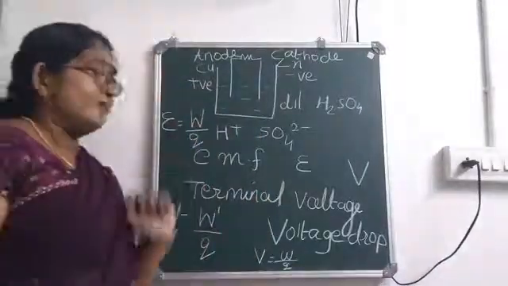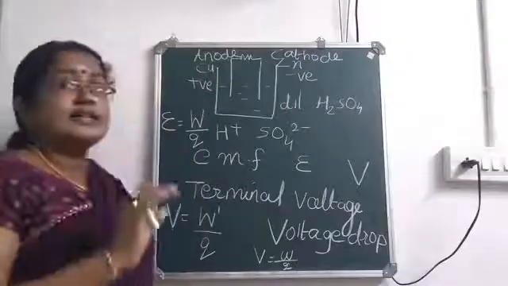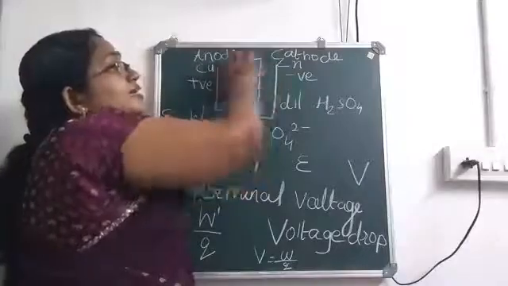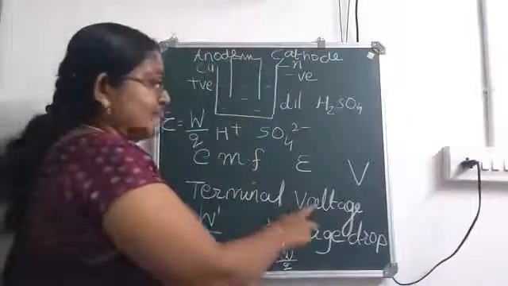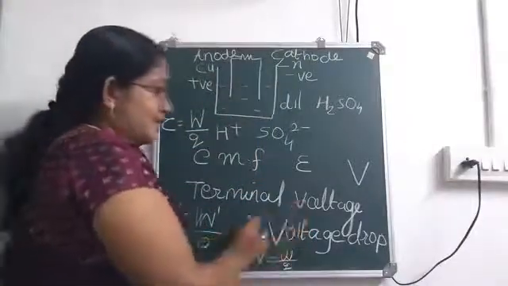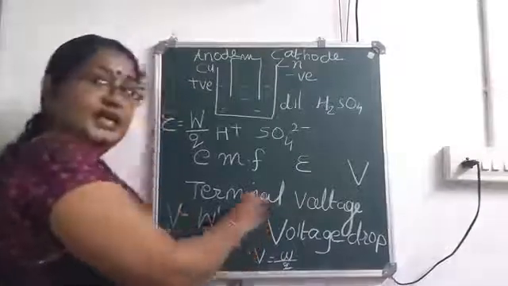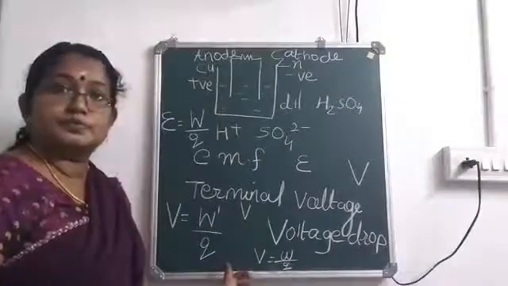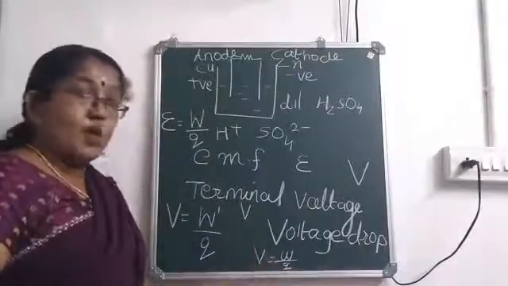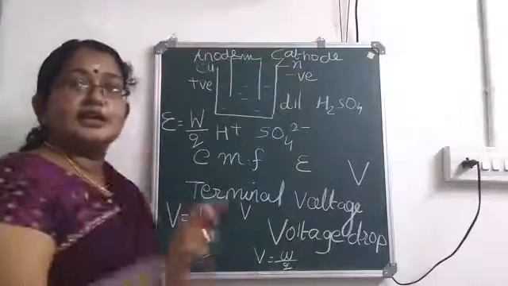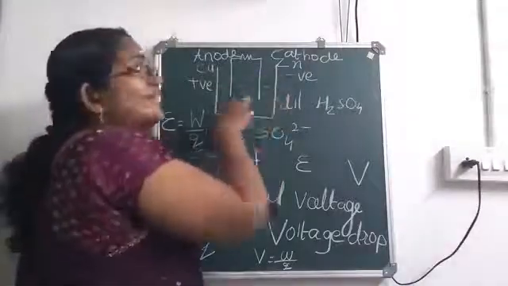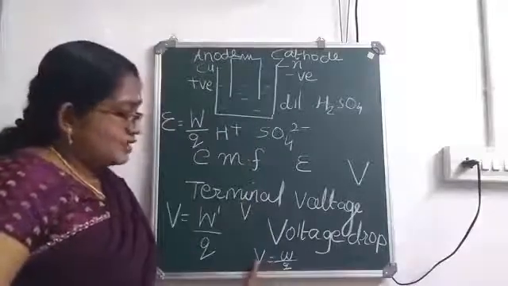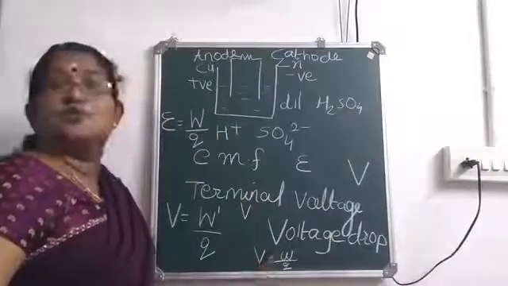It is W by Q. Now the work done to move a charge through the external circuit is known as terminal voltage. It is represented by capital V. So V equal to W dash by Q. Then voltage drop means the work done to move a positive charge through the inner circuit, that is through the electrolyte. So I'll write it as small letter v. It is W by Q.